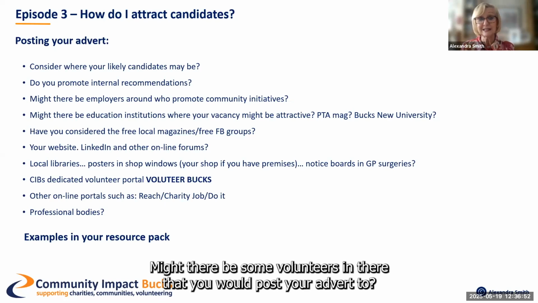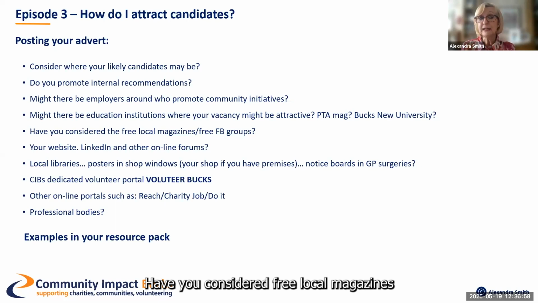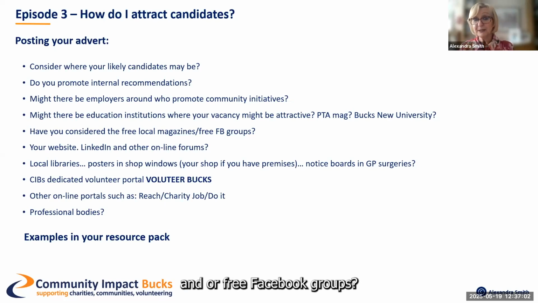Might there be some volunteers in there that you would post your advert to? Have you considered free local magazines or free Facebook groups? What about your website, and how is your website communicated and distributed? Also LinkedIn.